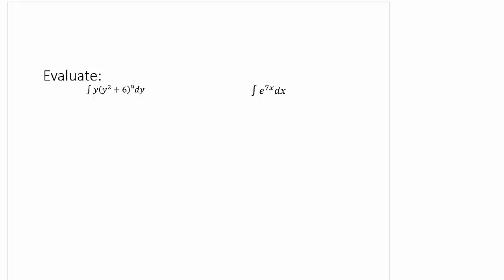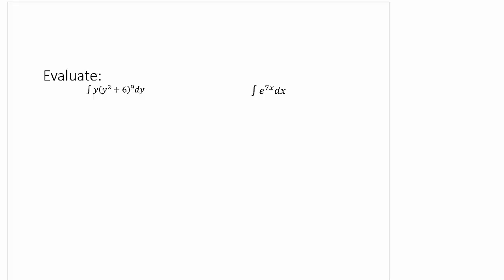All right, here we're asked to integrate y times y squared plus 6 to the 9th power dy. Now, we could integrate this by expanding that y squared plus 6 to the 9th power. If you remember how to expand that using the binomial theorem or Pascal's triangle, it would be very messy.